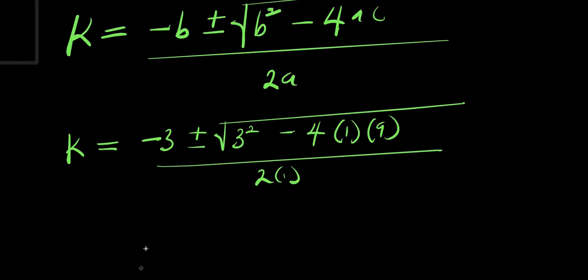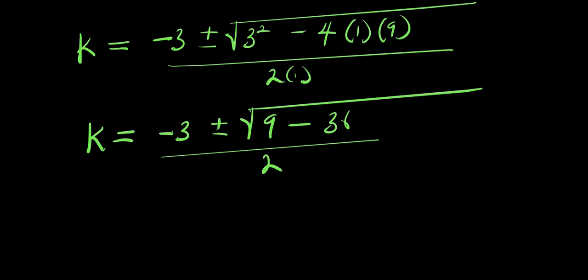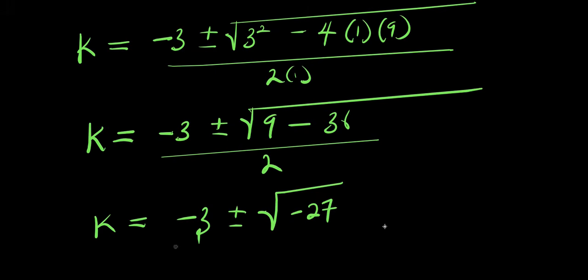So right here, k equals negative 3 plus or minus, we have square root of 9 minus 36, divided by 2. So right now, k equals negative 3 plus or minus square root of negative 27 divided by 2.